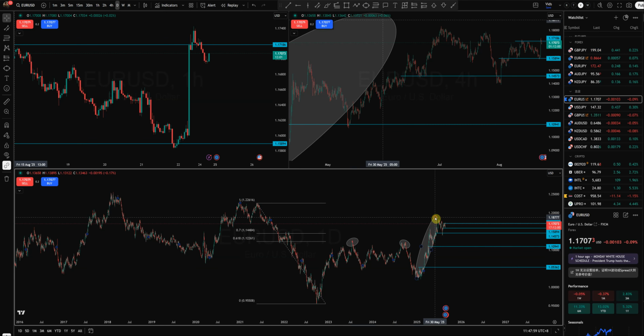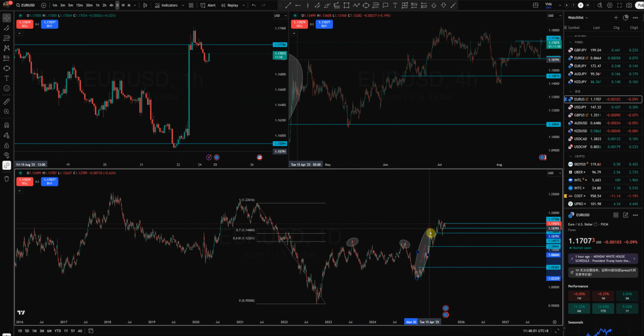However, when this momentum happened, it exceeds the whole level all the way to 0.7, not only 0.618 but 0.7 as well.